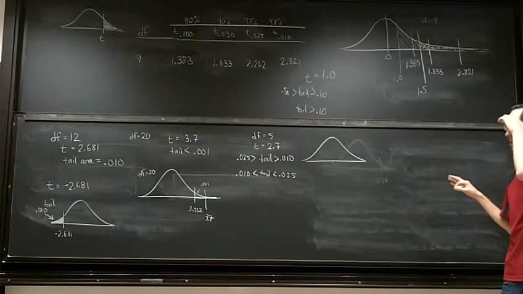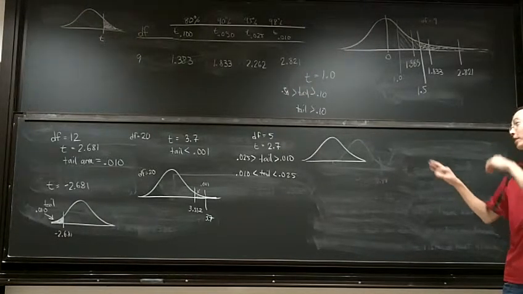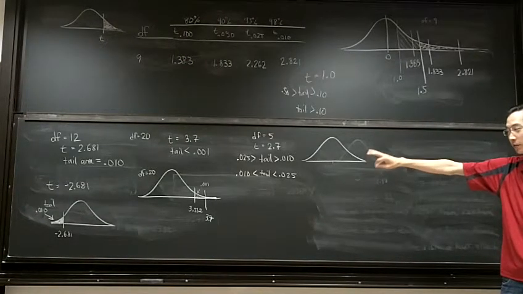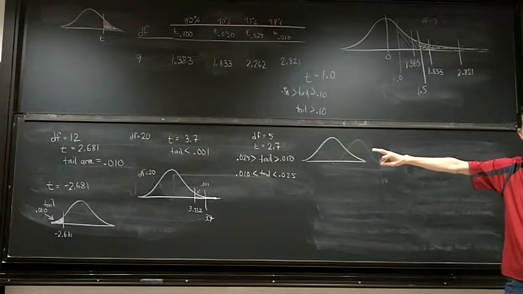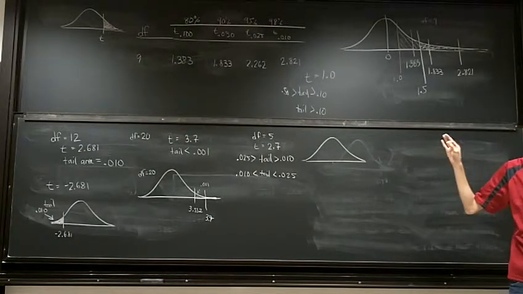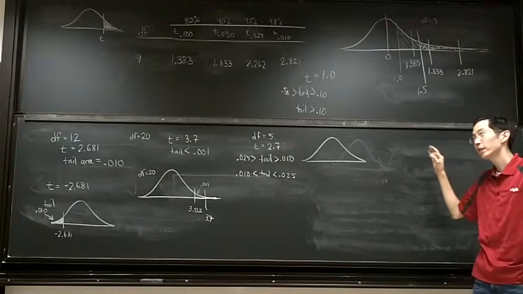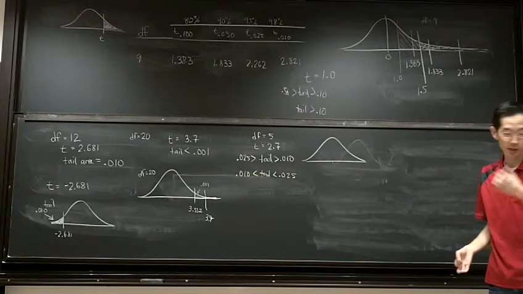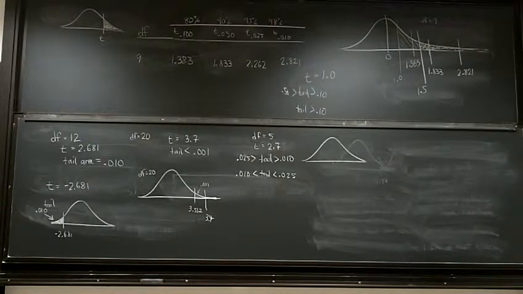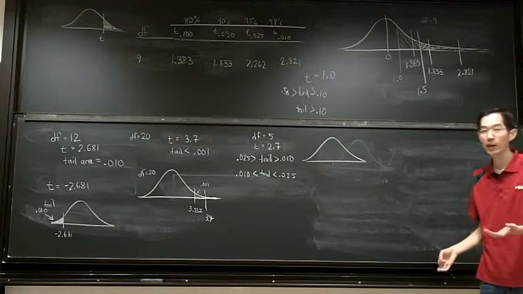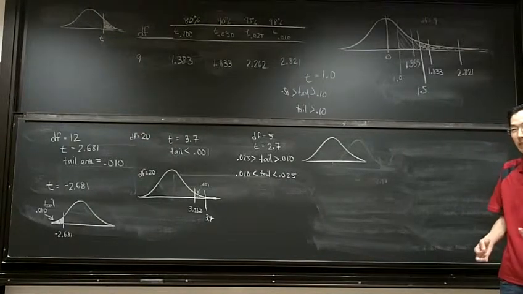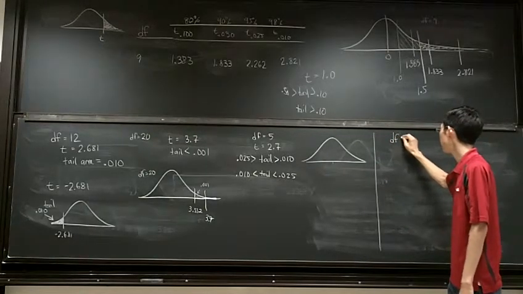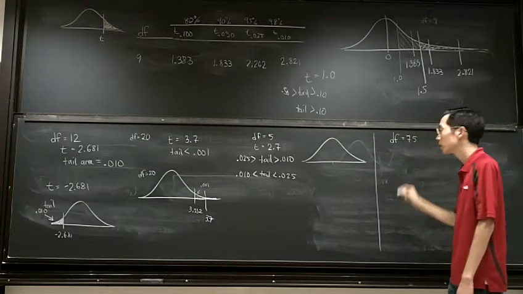More problems? Okay, let me add another. I already told you what happens if you get a negative number. There's also a situation where you have a certain degrees of freedom, but you cannot find that degrees of freedom in the table. So let's say you have 75 degrees of freedom.